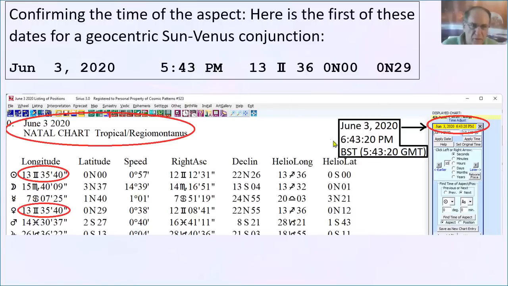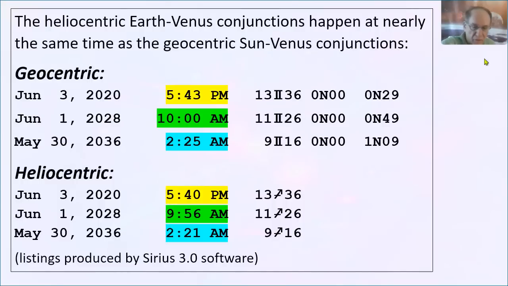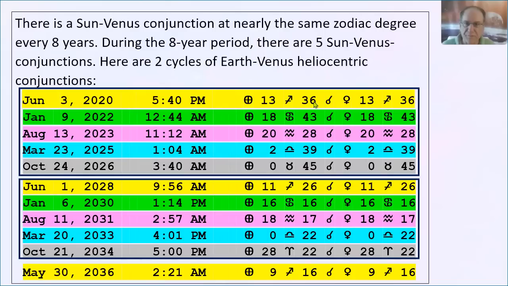That's correct. It's actually 20 seconds later. When you do the time adjust, you see that they're exactly the same. Anyway, there are ways to confirm that these calculations are right, because some people see this listing. This is just copied and pasted right out of the software, and I just did this highlight to show the comparison of the geocentric and heliocentric. Those times are accurate, and that's a way to confirm it.